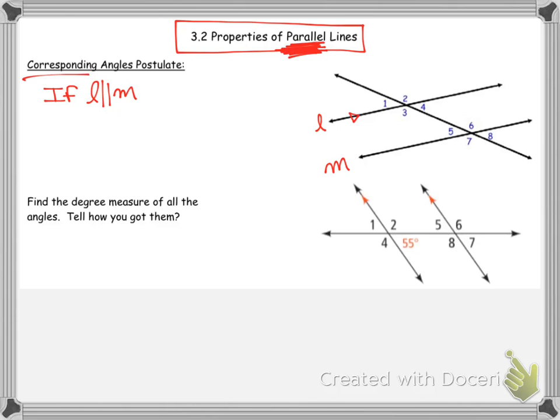When I am drawing that they are parallel in a picture, I will draw a little triangle like that. So that means that those lines are parallel to one another. So if line L is parallel to line M, then corresponding angles are congruent to one another.